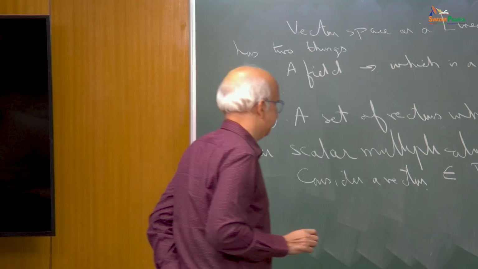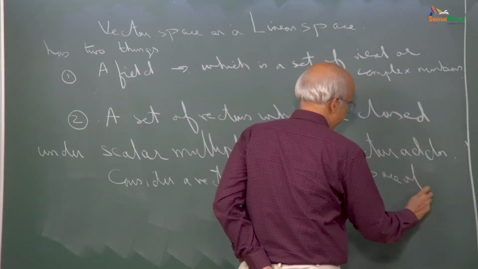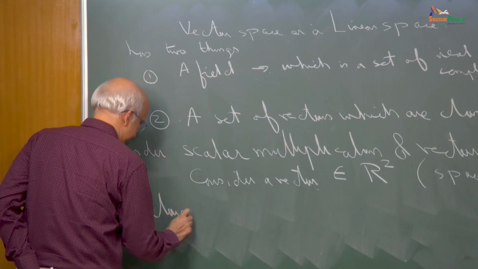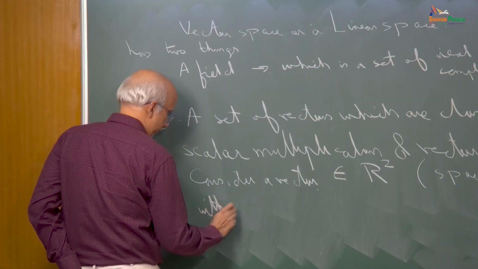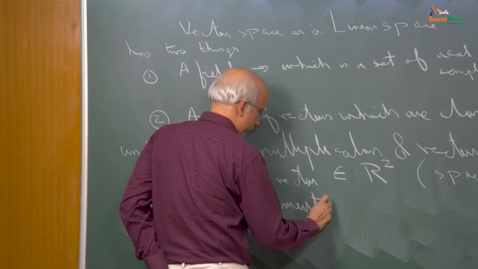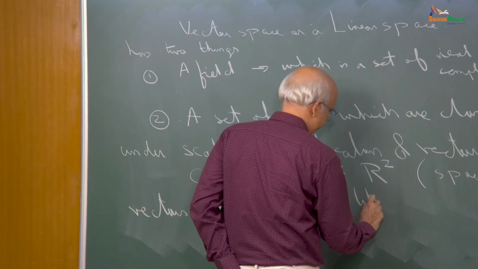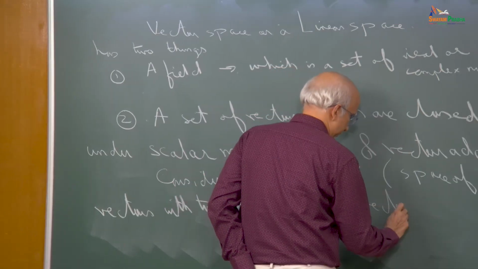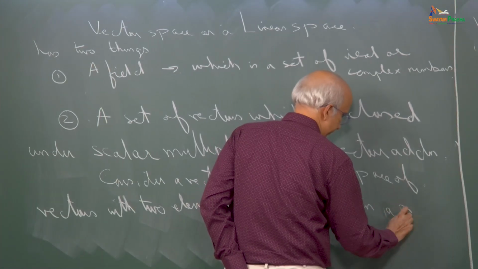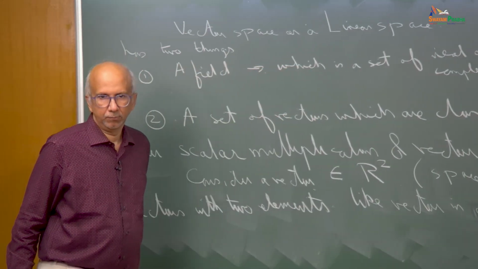So this is basically the space of vectors with two elements, like a vector in a plane.